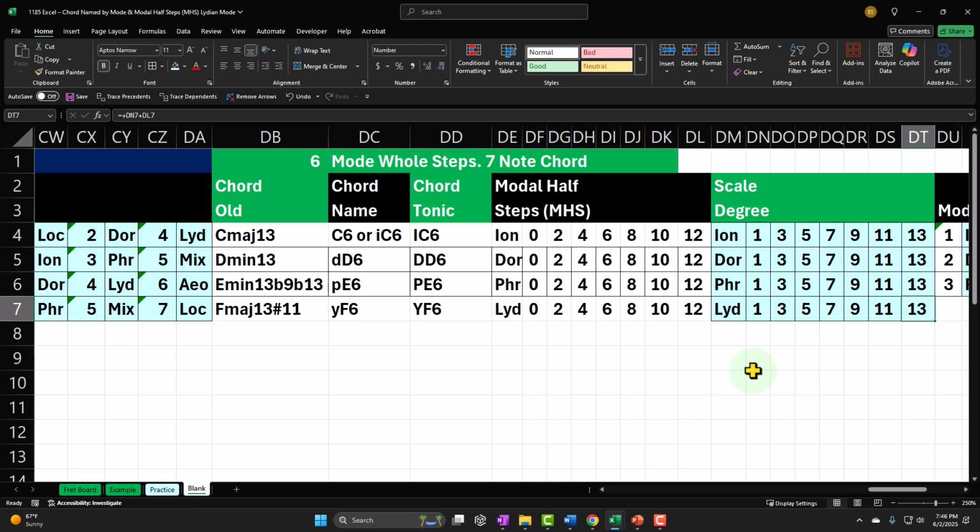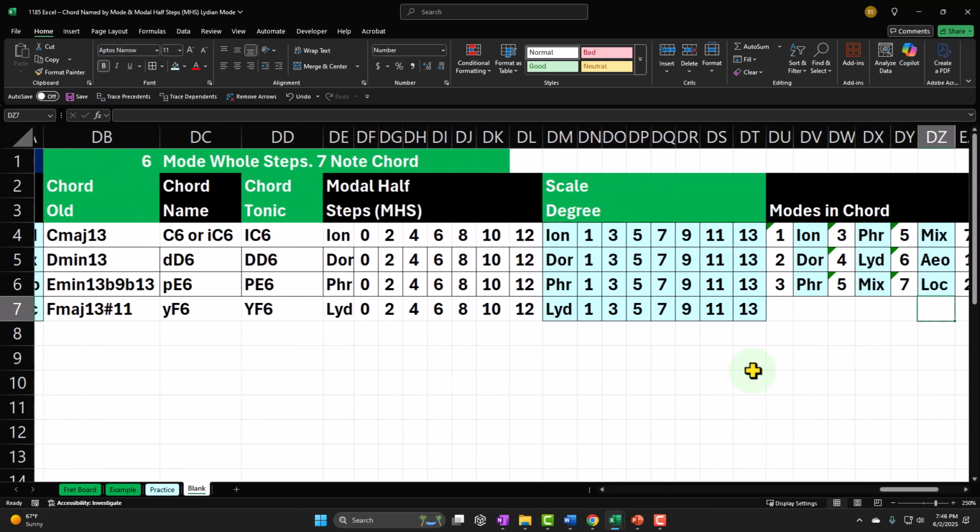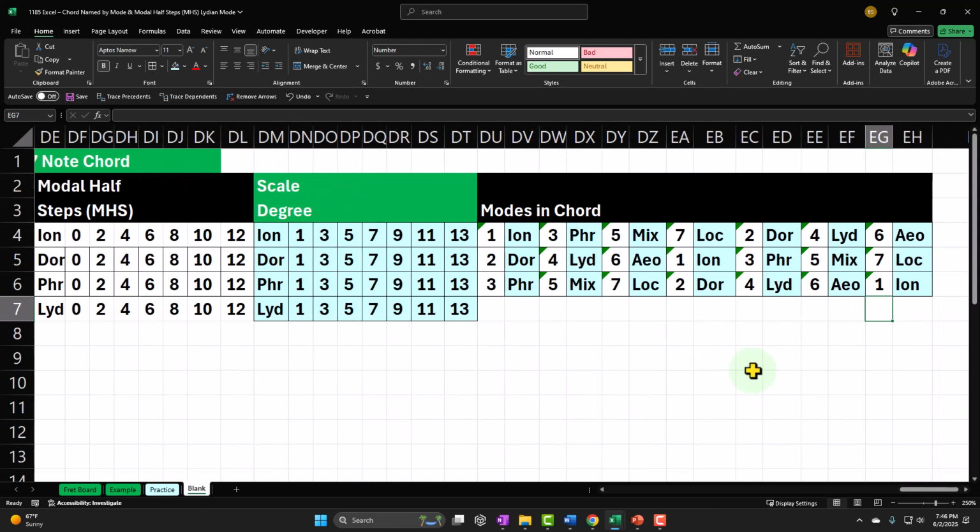But if we do that, then I can't name the chord in a universal naming convention. I can only name it in a language that makes sense in the key that we're in, but I want to name it so I can move it around. So we're going to name it by the modal points.